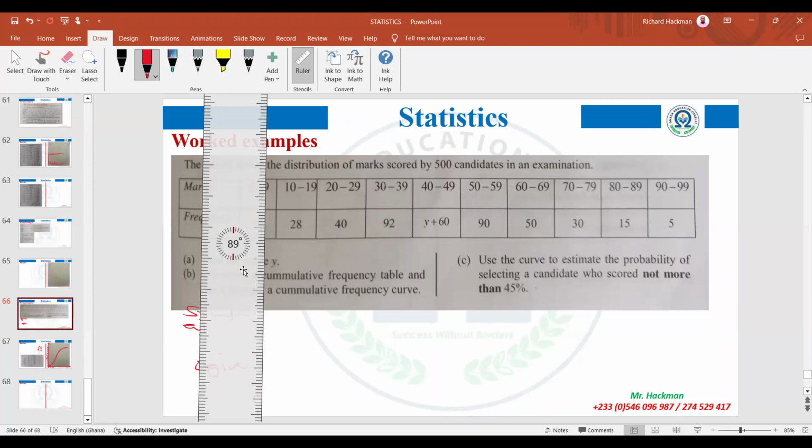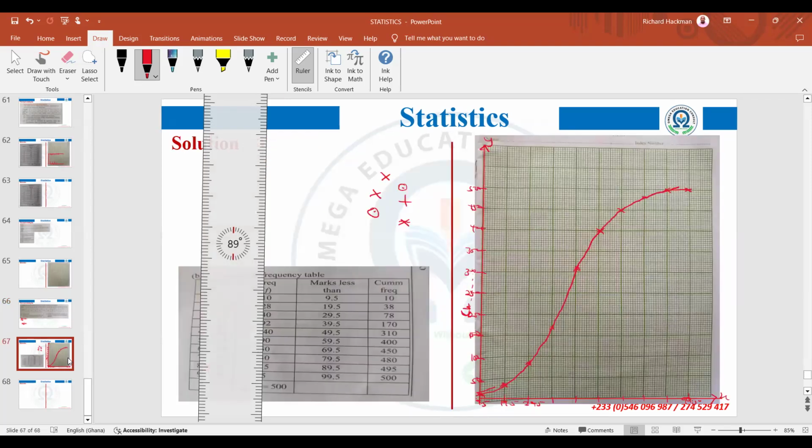Yes, please. So a cumulative frequency curve for the marks distribution, as simple as that. So that is supposed to be your title. Okay, so a cumulative frequency curve for the marks distribution, you neatly underline.